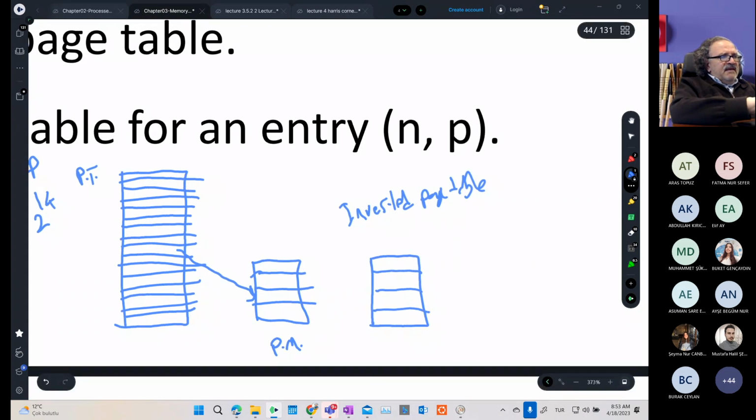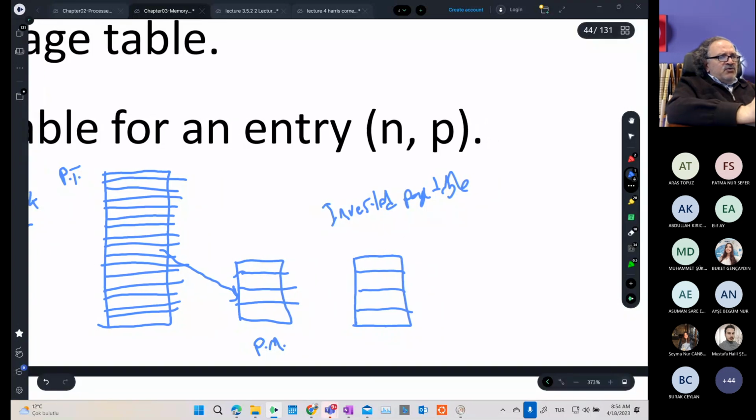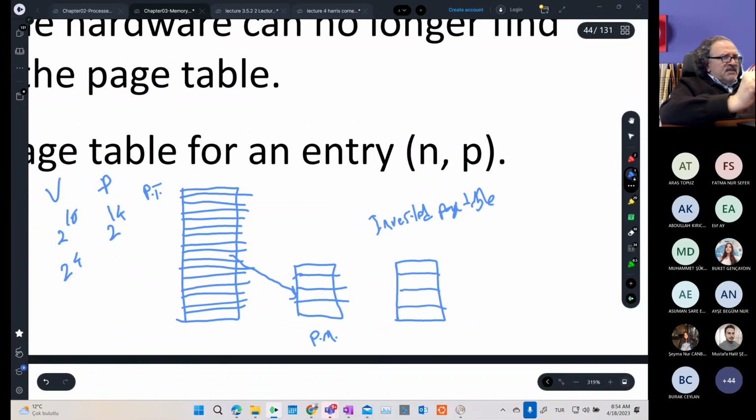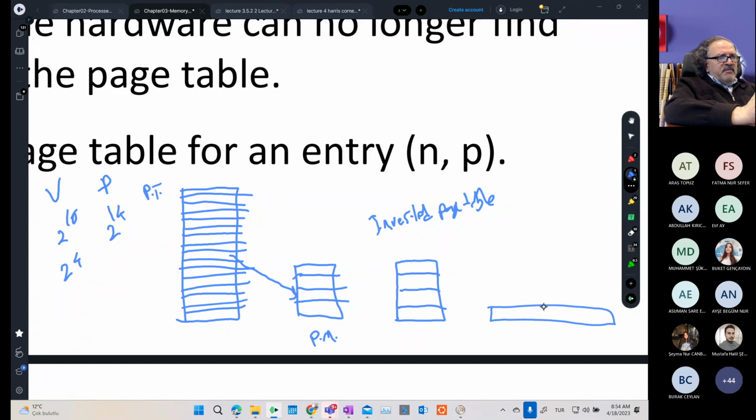It's the same thing. Let's try a virtual address to physical address lookup. Let's say this is my virtual address. The first 4 bits, this part is my virtual bits. I take these 4 bits. 4 bits means that 2 to the 4 is 16.